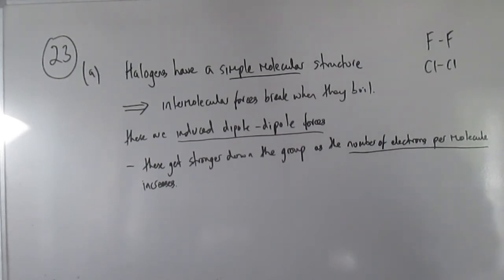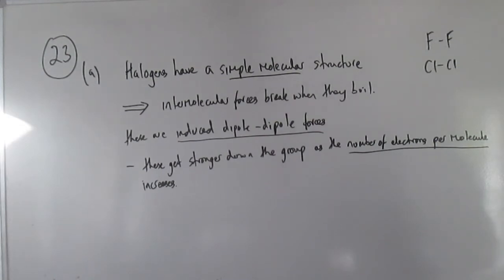But here there isn't, so the key factor is the number of electrons per molecule. If you talk about the surface area as well, it won't get marked wrong, but it will get ignored, and if you put that as the only reason, it won't get you the mark.